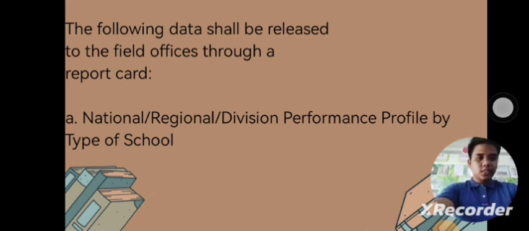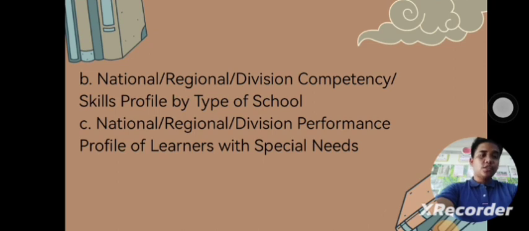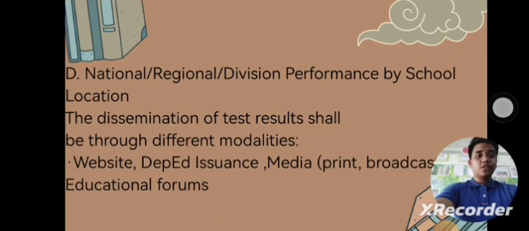Next is B, national regional division competency or skills profile by type of school. C, national regional division performance profile of learners with special needs. D, national regional division performance by school location. Those are the things that shall be released to the field offices through report cards.